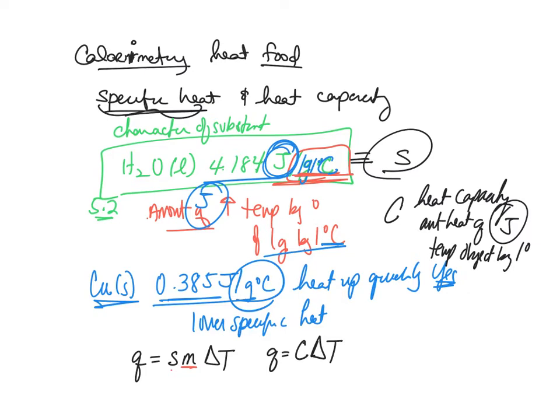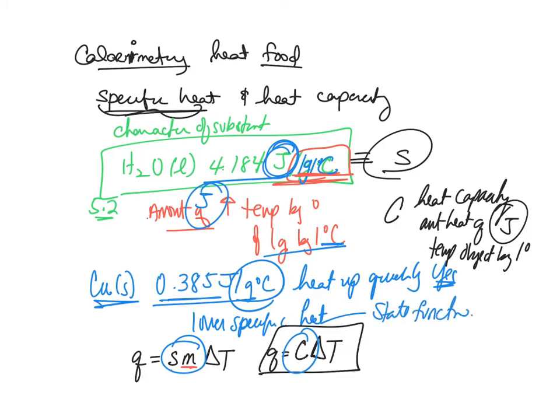Now, what do you like about this? Not that it looks like cat, right? Well, C combines the mass times the specific heat into a state function. So that's the handiness of that equation.